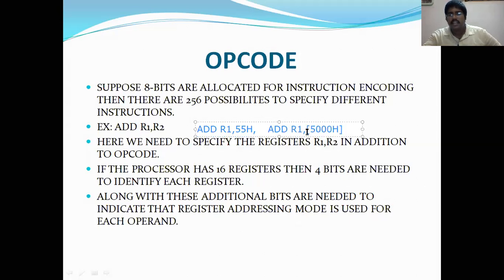Content indicates the memory location. So here one operand is a register and the other operand is a memory location. So the opcode will not only give the information about the type of operation we are performing, but also the type of data operands we have used. That information is also stored in the opcode. In the first example the two operands are registers, in the second one operand is a register and the other is an immediate value, whereas in the third example one operand is a register and the other is from a memory location.